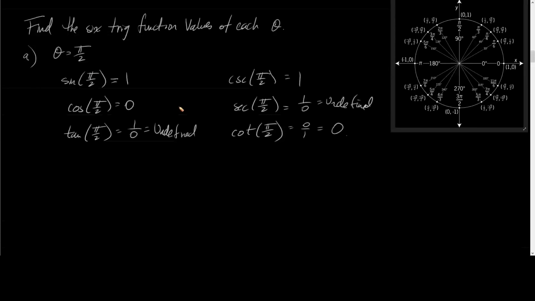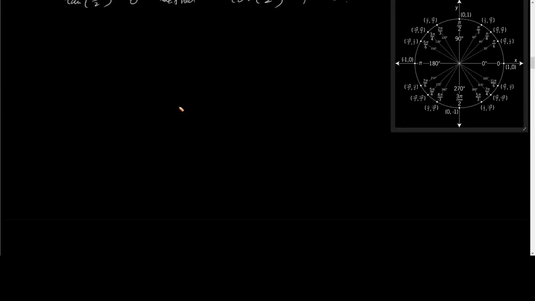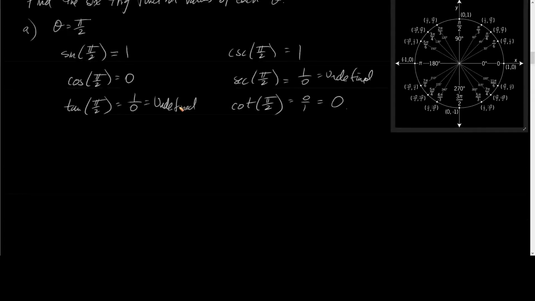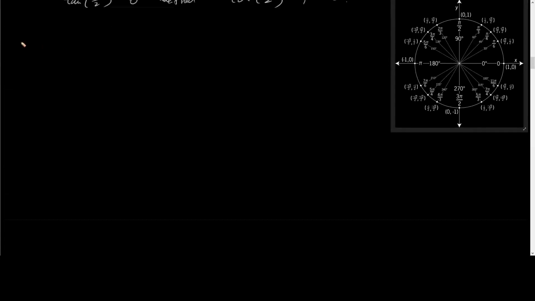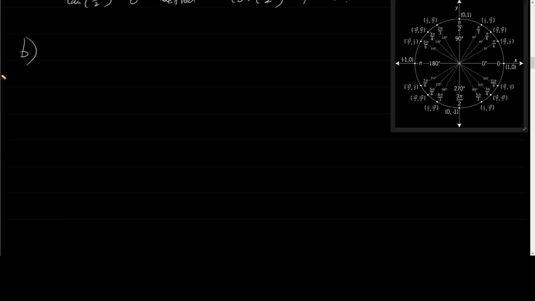Let's do another one. So B. Let's say that I had theta being equal to, I don't know, let's say 2 pi over 3.